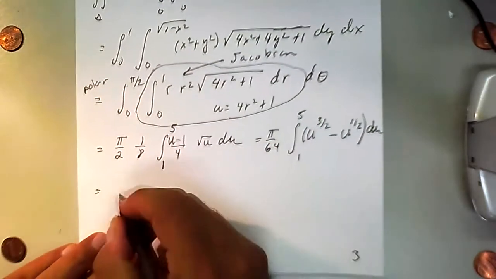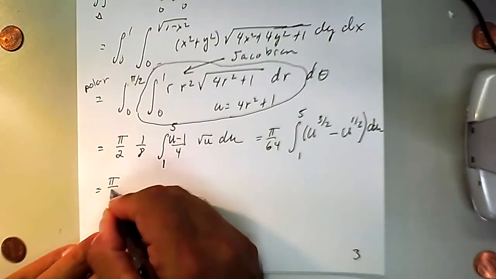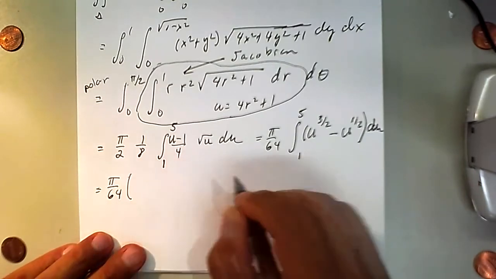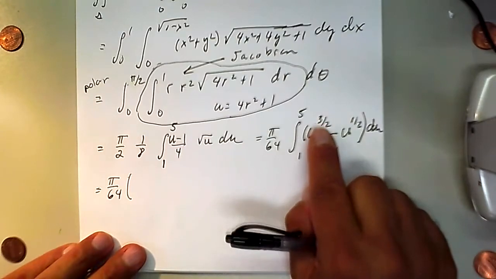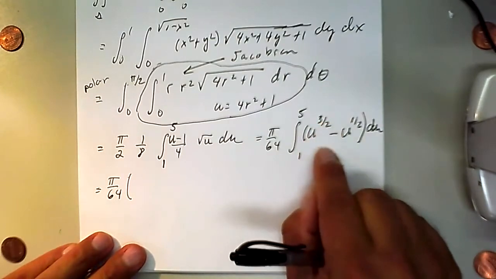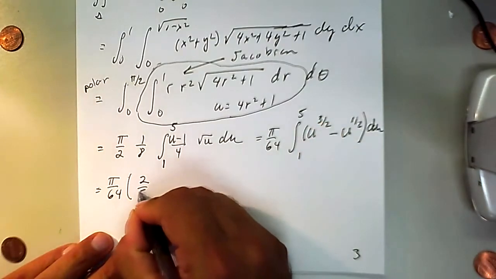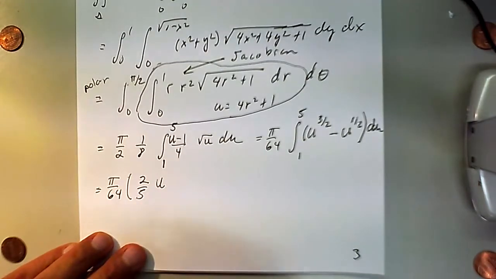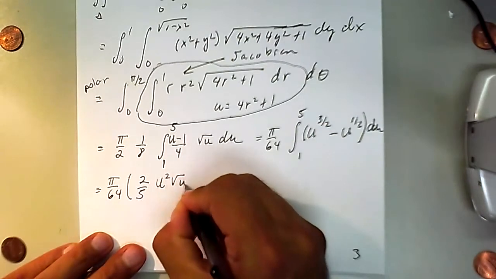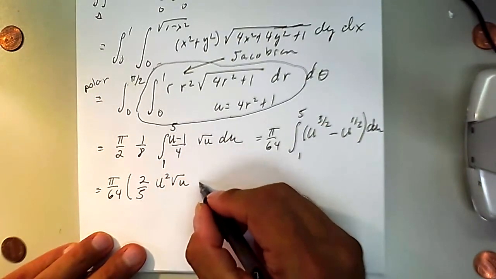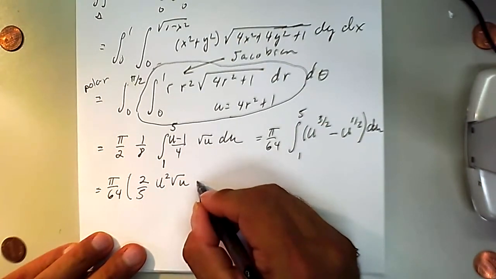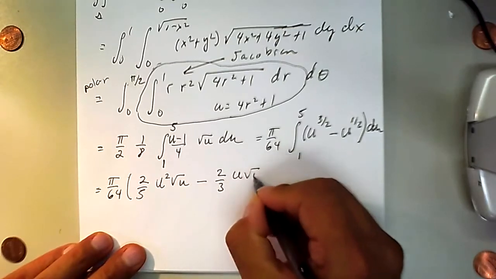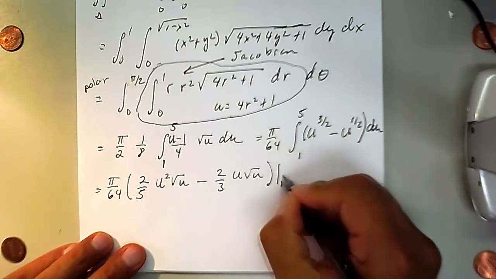Okay, so we have pi over 64, parenthesis, that's going to be u to the 5/2 over 5/2, so that is 2 over 5 u to the 5/2, which is u squared root u, minus, similarly, 2/3 u root u from 1 to 5.